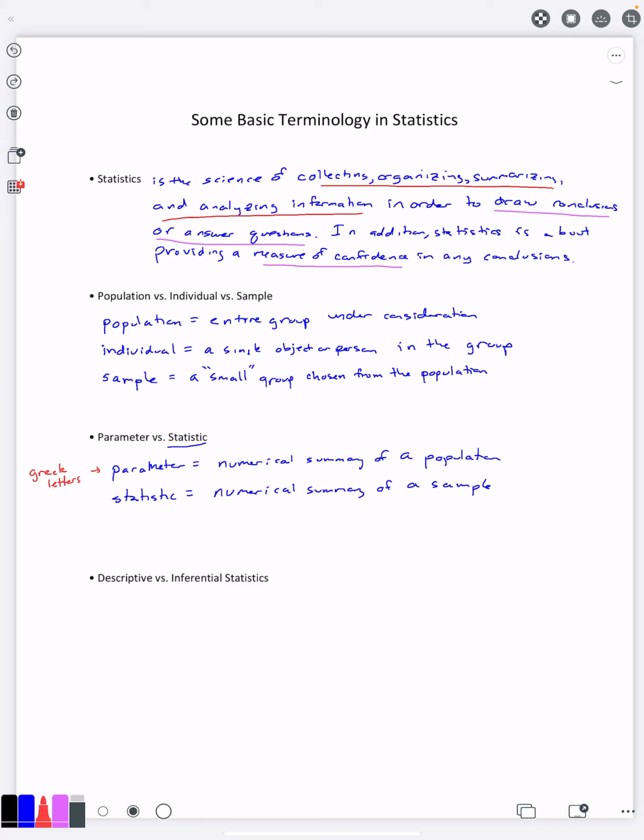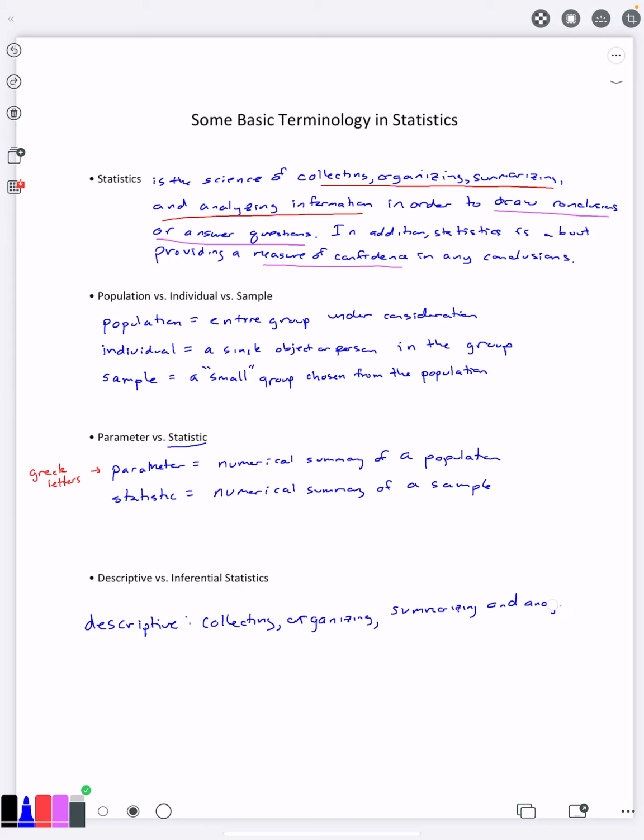Now the last thing I've already touched on here: descriptive versus inferential statistics. For descriptive, this is where you're just taking in data and talking about it. If I go back up here at the beginning, that would be the collecting, organizing, summarizing and analyzing data.